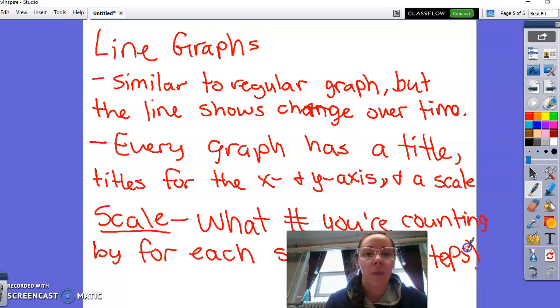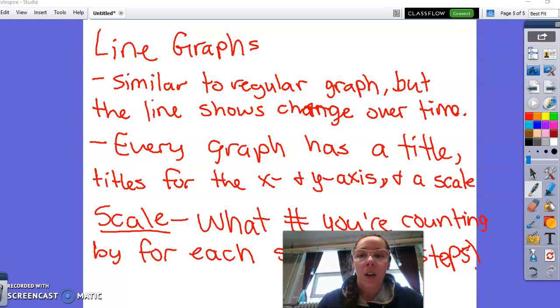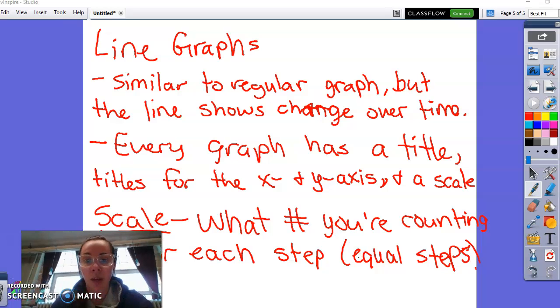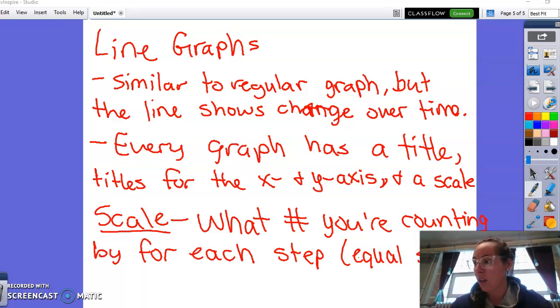So the scale tells what number you're counting by for each step of the chart, for each little chunk between the lines. And the thing about having a scale is that it has to be equal steps. So if you're choosing to count by twos for the first few steps, you have to count by twos for the whole axis. It's not just chunk by chunk. You count by the same scale for the whole thing.